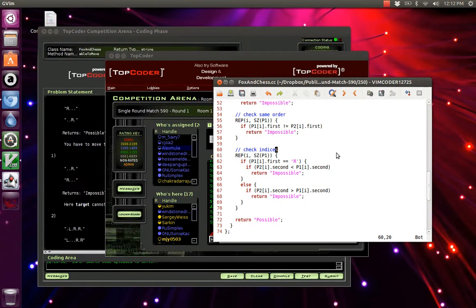Okay, this one, the 500 problem, I've never solved one of them. So I usually just go for the 250 in division 1.